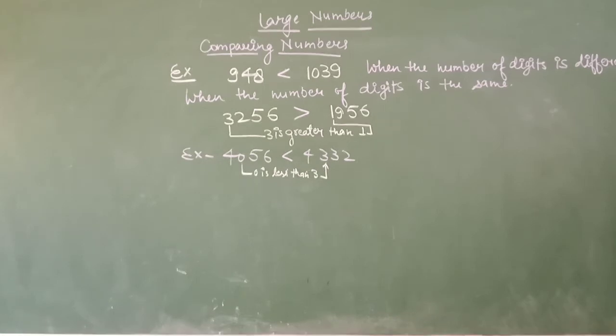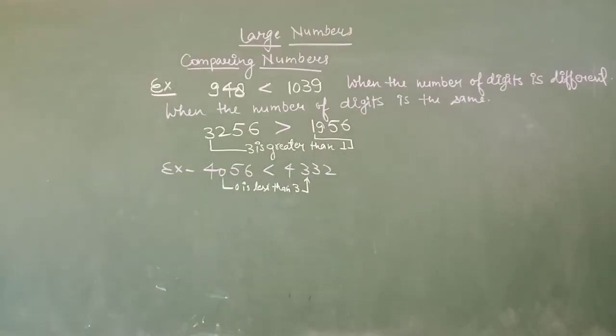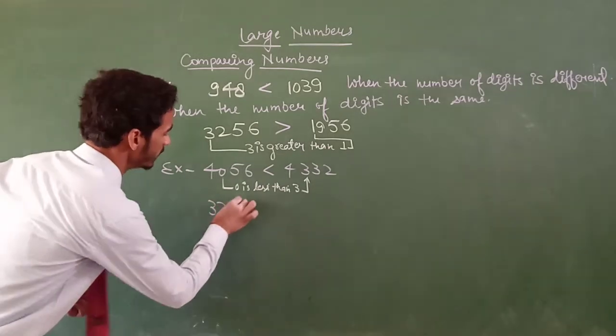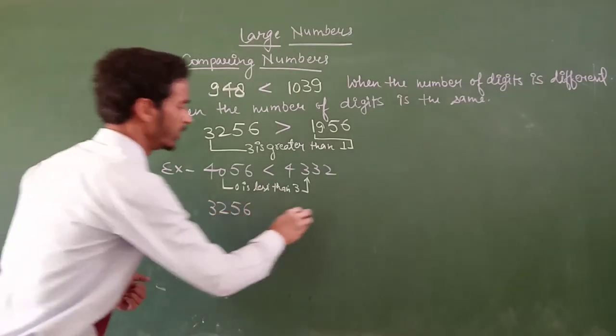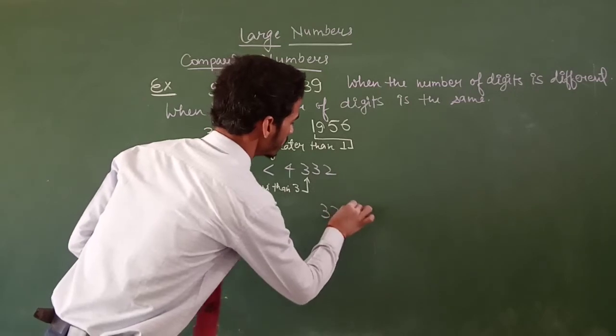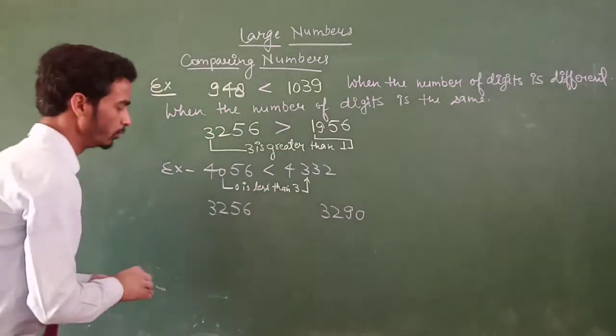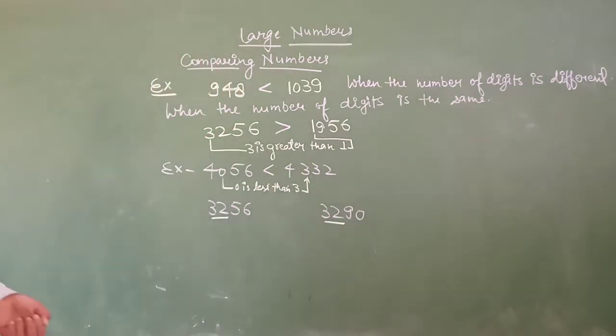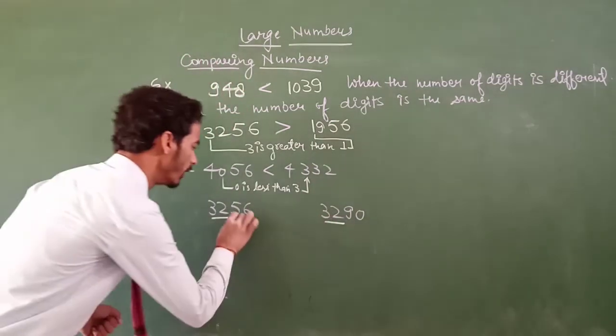And the next example, type three, is if the digits in the thousand and hundred places are the same. You can see here that the hundreds places and thousands places are the same. So we have to compare the tens places.